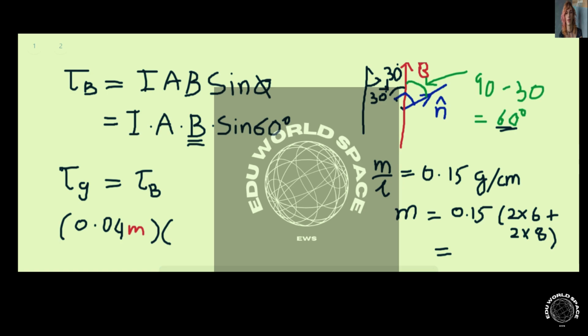And 28 times 0.15, and you should check this on your calculators, gives me 4.2 grams.